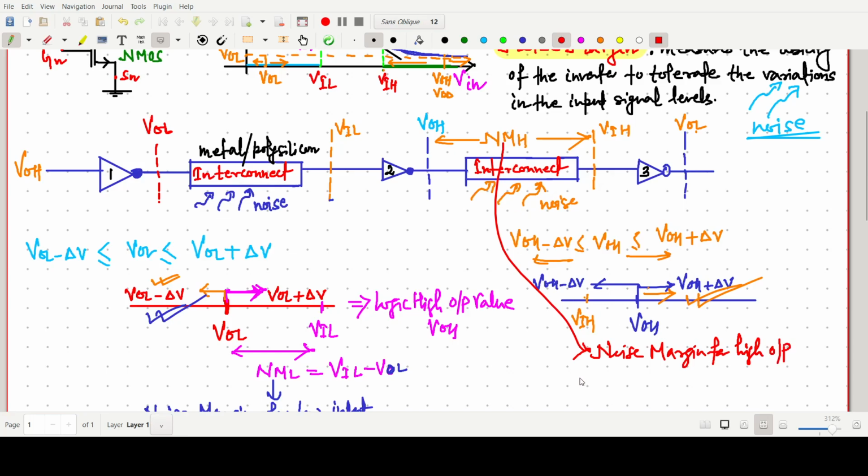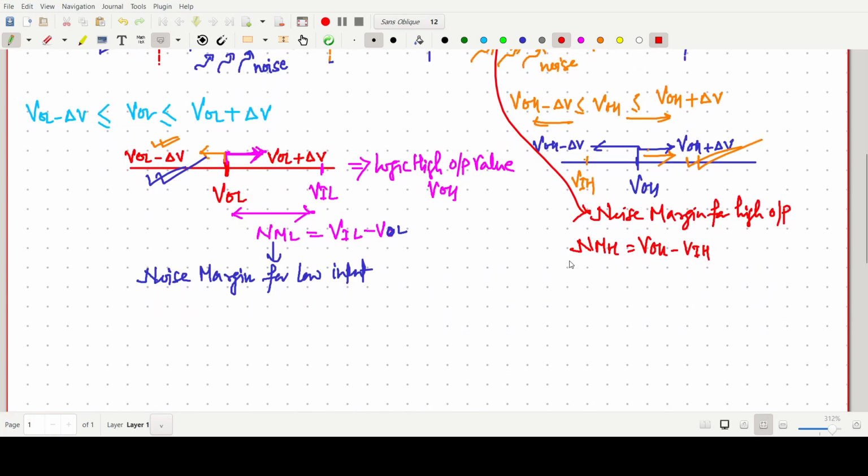Noise margin for high output, NMH, will simply be VOH minus VIH. So it is observed that this one is the noise margin for high input, and this one.